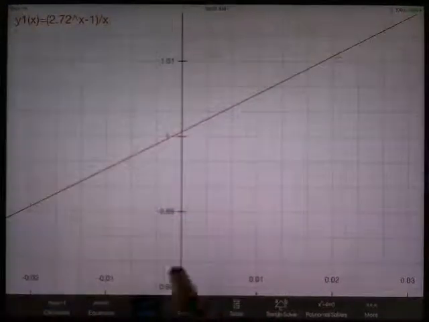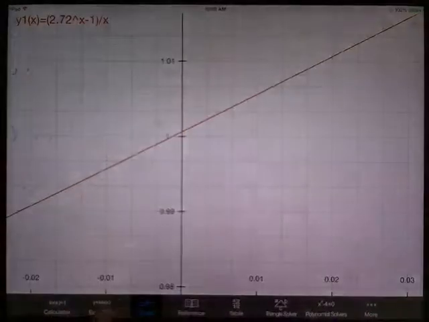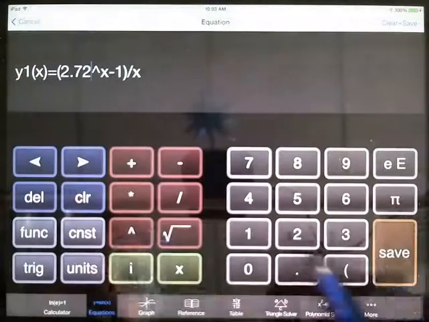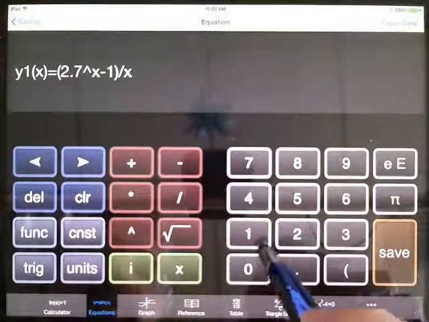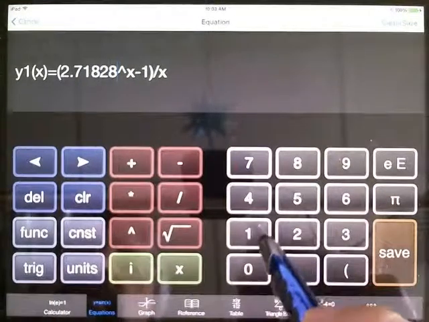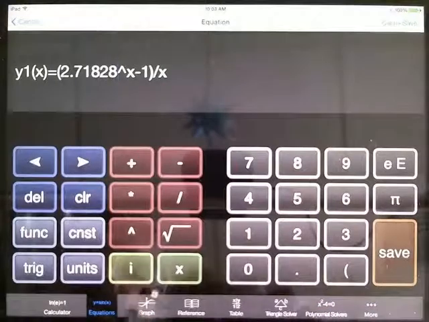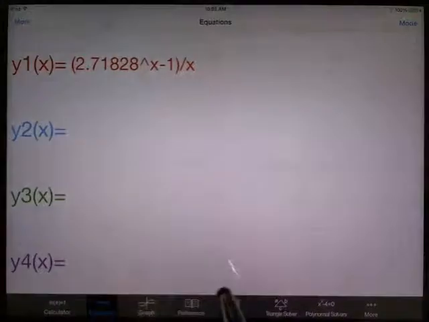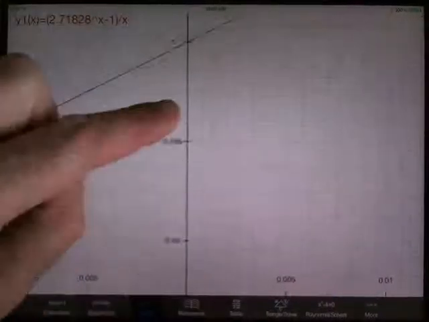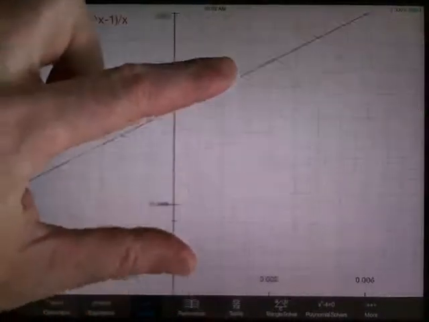A little bit too big, so let's go back in here and say 2.7. Oh, maybe 2.71828, something like that. Save that. Draw the graph. And that's going to be really close to 1 because I'm getting very close.